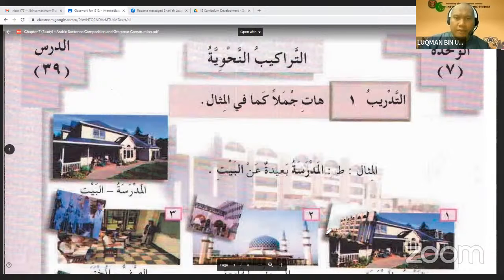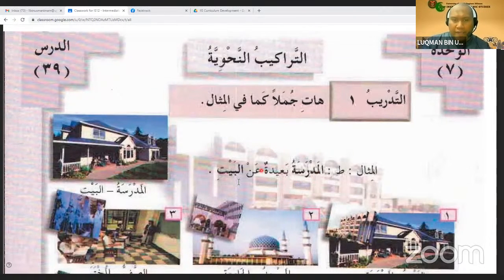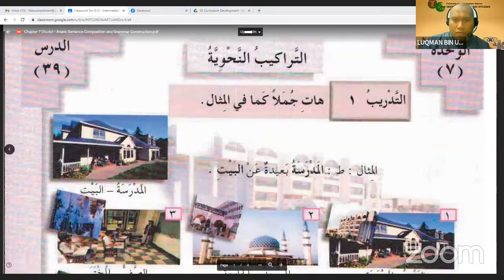So here is the template. Al-madrasatu ba'idatun anil bayti. The school is far from the house.